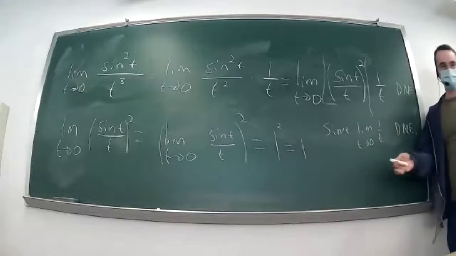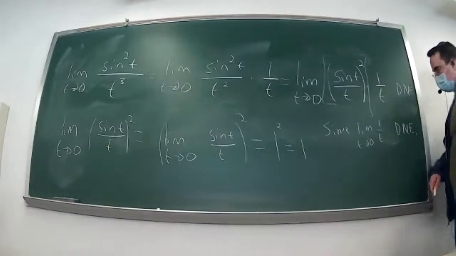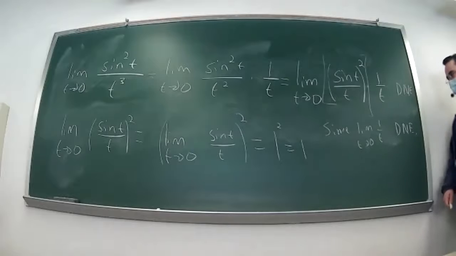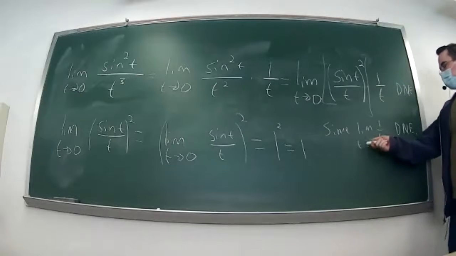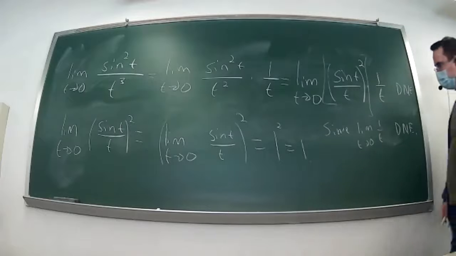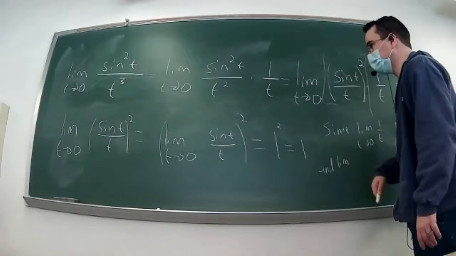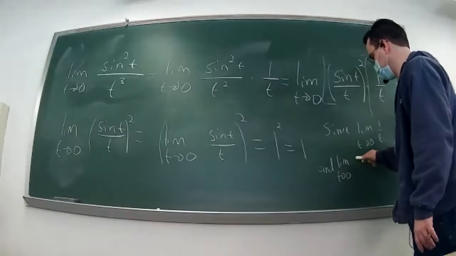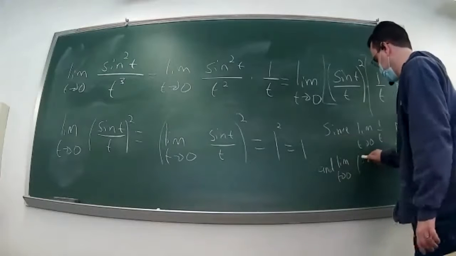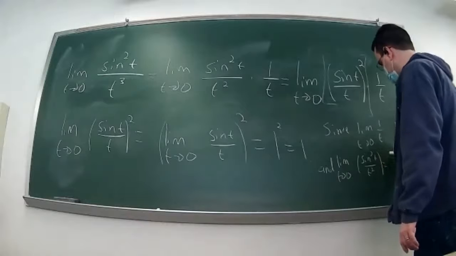So this is one of those things that you can just say, for 1 over x or 1 over x squared, we know that as the denominator goes to 0, the whole thing blows up. And the limit as t goes to 0 of this other thing we just calculated equals 1.